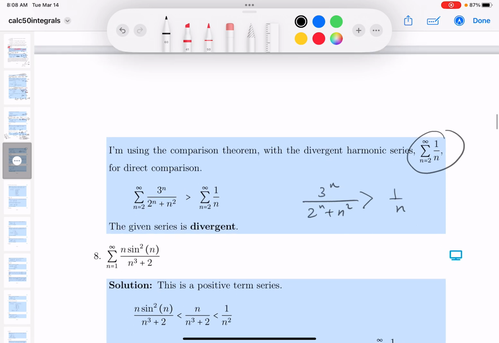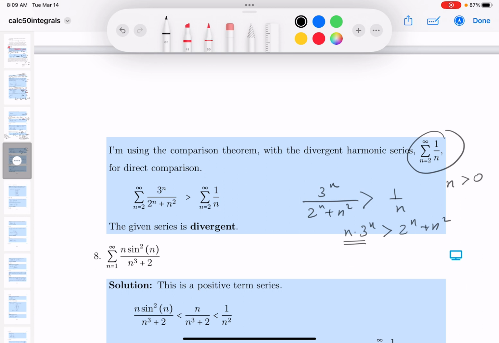Let me write this down. It's n. By the way, n is a number that I'm going to say is positive at this point, greater than 0. We'll talk about the other restrictions later. 3 to the n. What goes over here? Well, 2 to the n plus n squared, all right? Looking at it, you start to realize that one side grows faster than the other. This side's growing faster than the other.